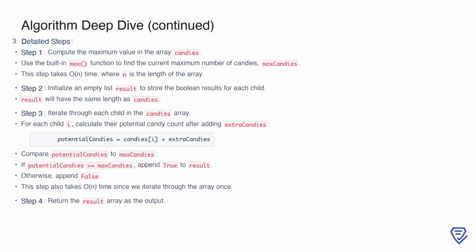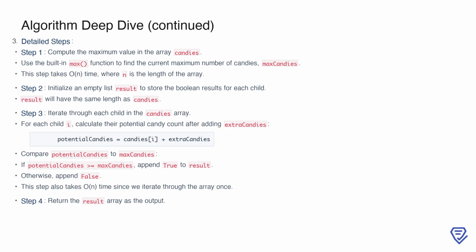To implement this, we can break it down into several steps. First, we compute the maximum value in the candies array using the max function. This gives us the current maximum number of candies, which we'll use as a reference point for comparisons. Next, we initialize an empty list called result to store the Boolean values for each child. Then, we iterate through the candies array.